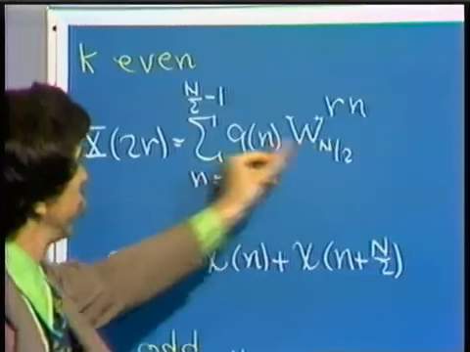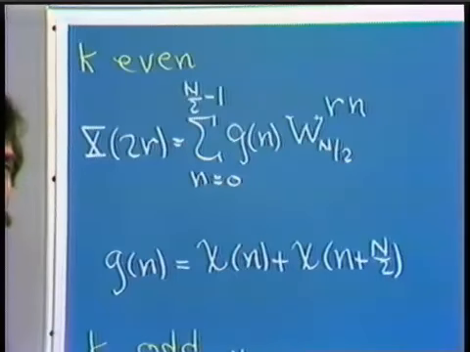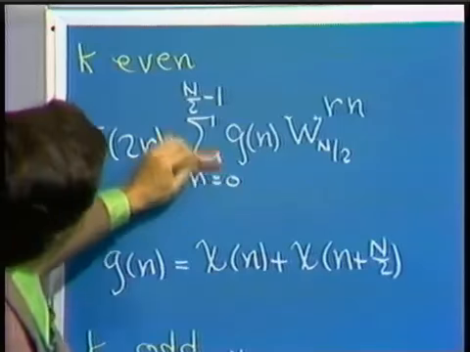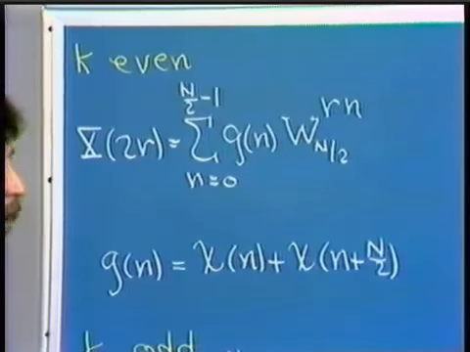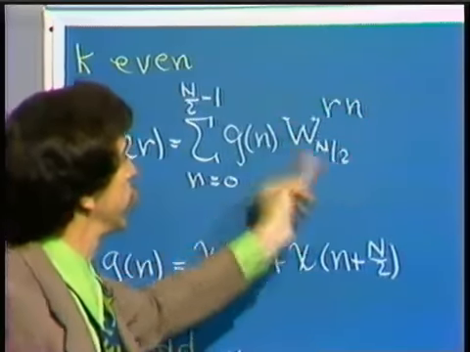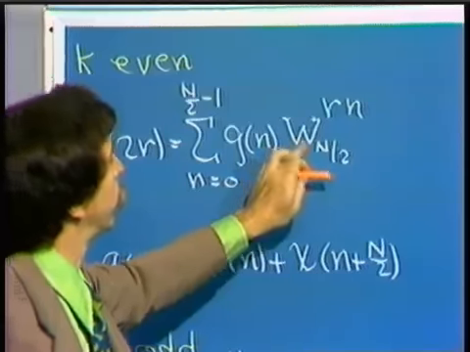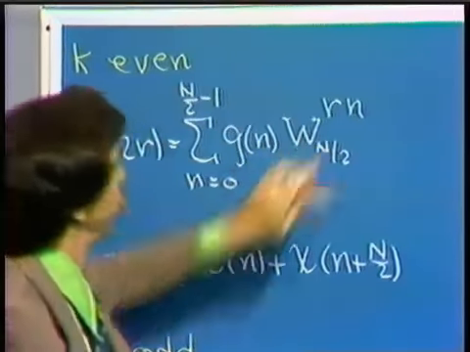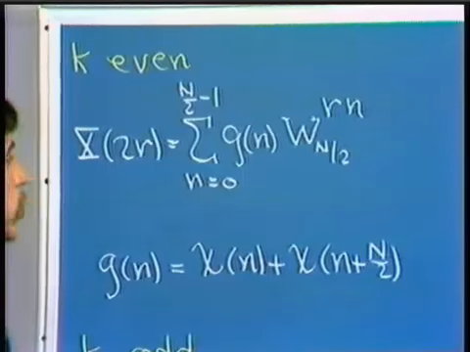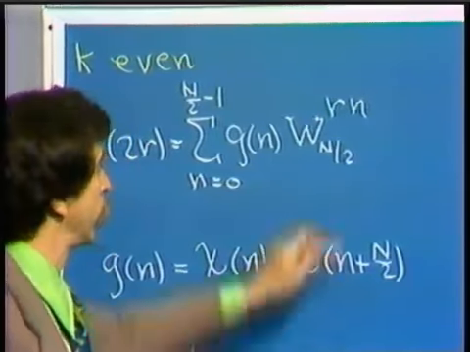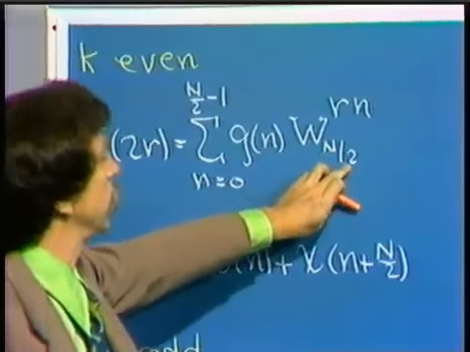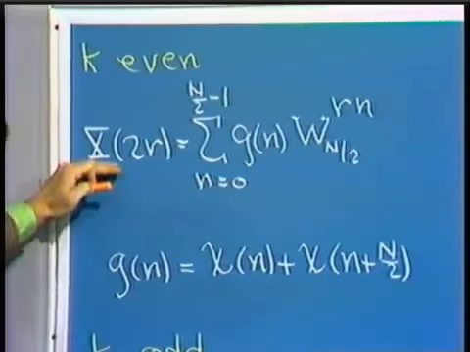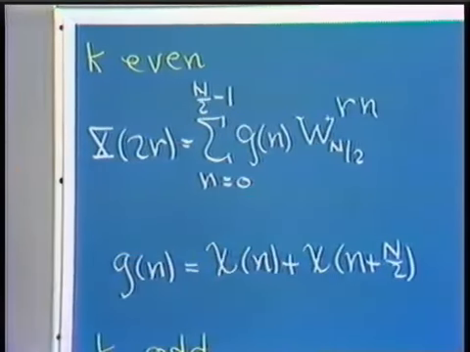Well, this, in fact, is now an N over 2 point discrete Fourier transform. It involves N over 2 points, and the W that is involved is the appropriate W for an N over 2 point DFT. That's indicated by this subscript N over 2. So this is to compute the even-numbered points.